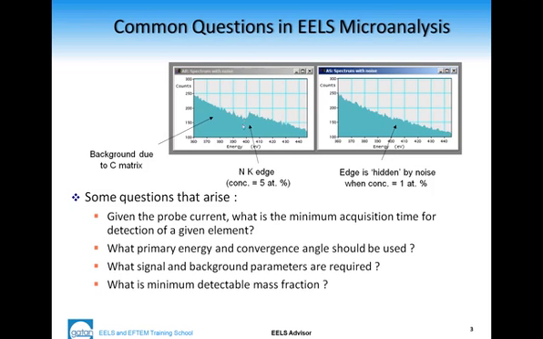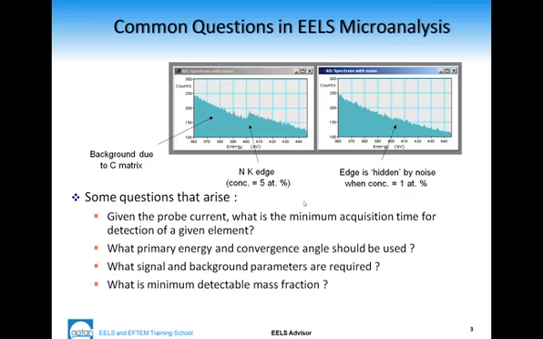You can see that this edge is clearly visible above the background, even though the spectrum is quite noisy. If you look at the spectrum under the same acquisition conditions, but at 1 atomic percent of nitrogen, you can see that the edge is barely visible over the noise. So you can't really detect that particular element in that case.